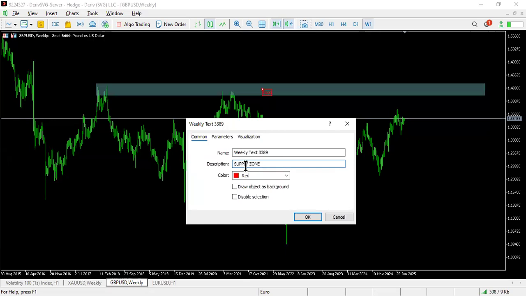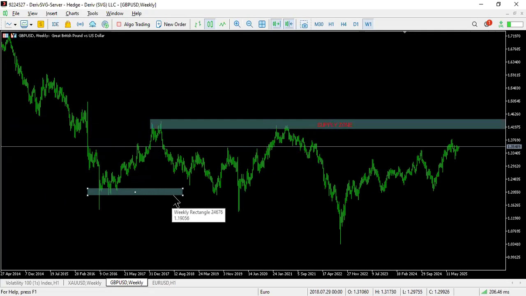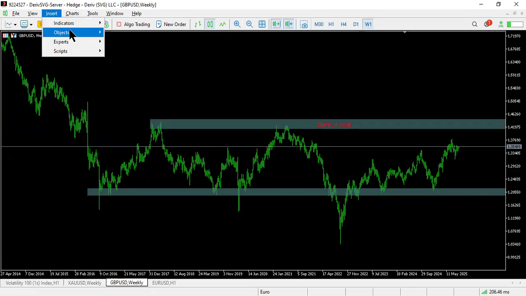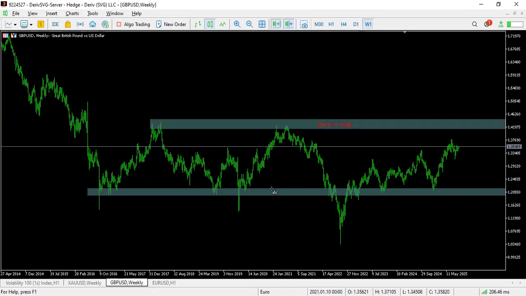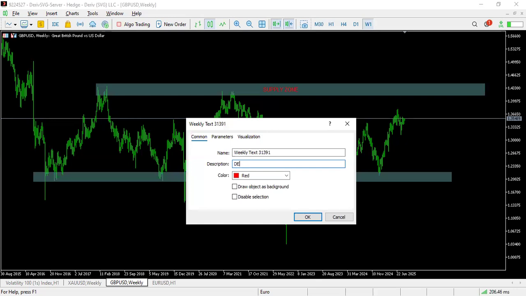So that is the supply zone, and then our demand. That is our demand zone.